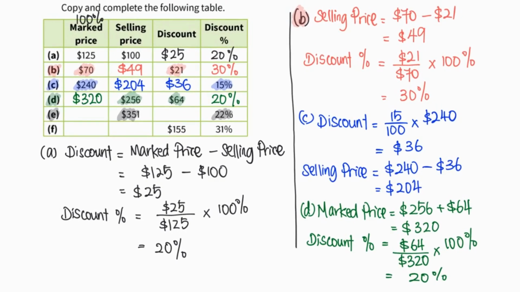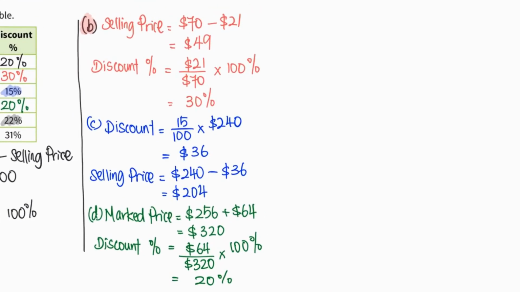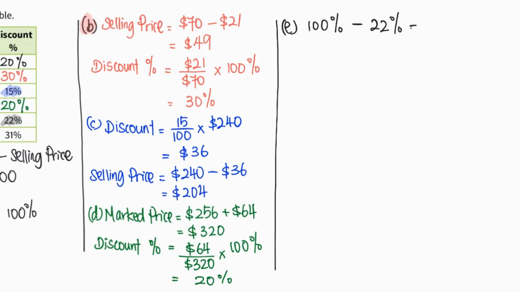So come part E, 351. First of all, for part E, the discount percentage, we have the mark price percentage minus the discount percentage to give me 78%, and 78% represents the selling price.